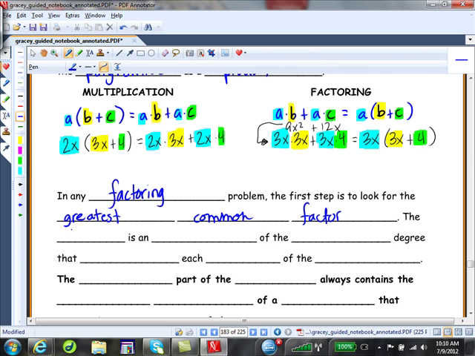The GCF, which is greatest common factor, is an expression of the highest degree that divides each term of the polynomial.